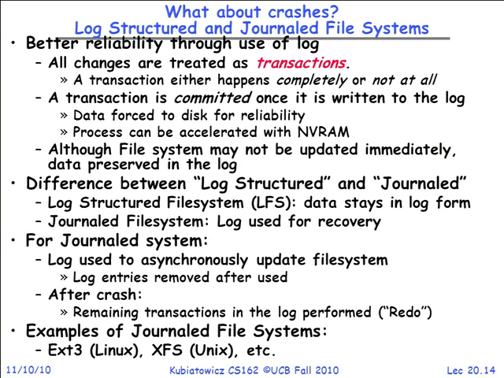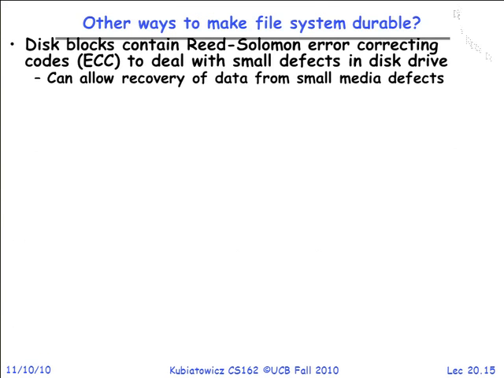So how else can we make file systems durable? Well, one thing that happens just because you buy a disk from a good manufacturer is that every piece of data that's put onto the disk is actually encoded in an error correction code. These codes are what are called Reed-Solomon codes, and I'd be more than happy to talk about them, but that's a whole other lecture that I usually reserve for my 252 class.